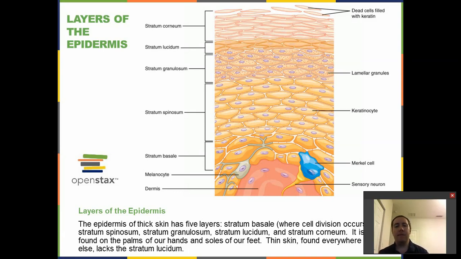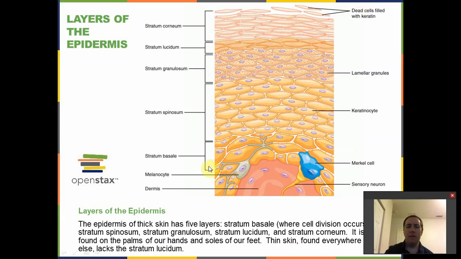And the stratum basale is the only layer of skin here where the cells are actually dividing and growing. No new cells are made anywhere other than the stratum basale. So they're made at the bottom, and as they're made, they push the old cells up until eventually they flake off as dead skin cells.